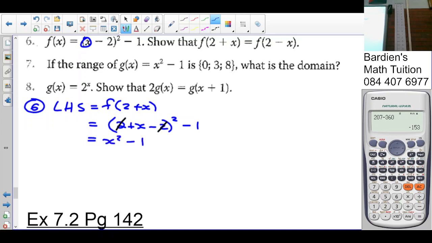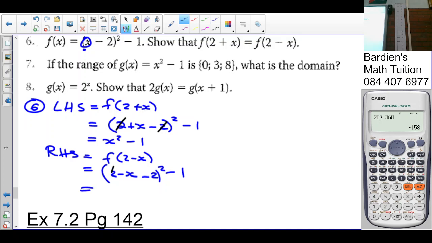So is that equal to the right hand side? No. So I work the right hand side as well. What do you have on the right hand side? You have f of 2 minus x. So in x's place I put 2 minus x. Open brackets, 2 minus x minus 2, squared, minus 1.